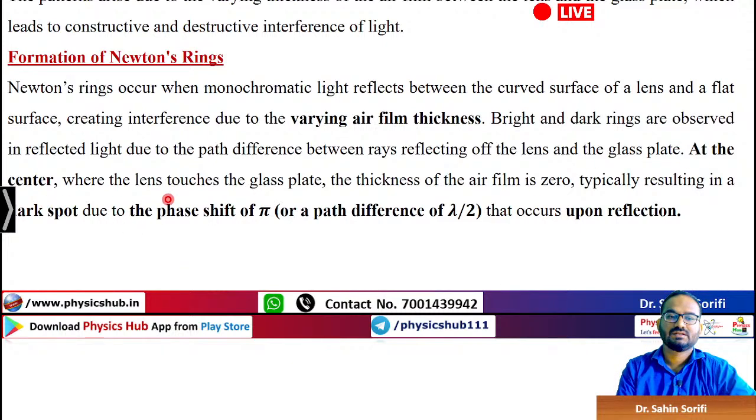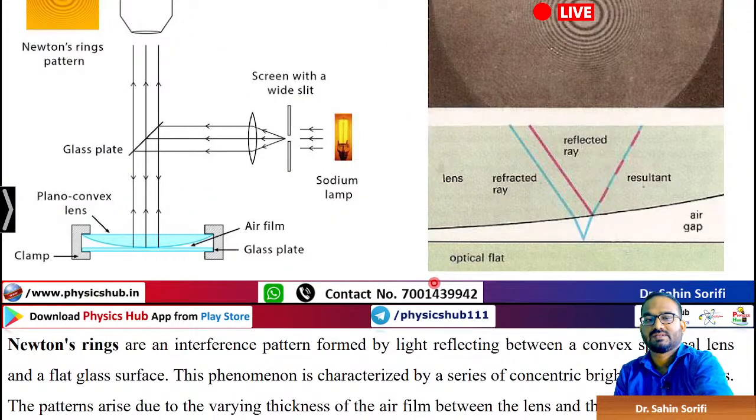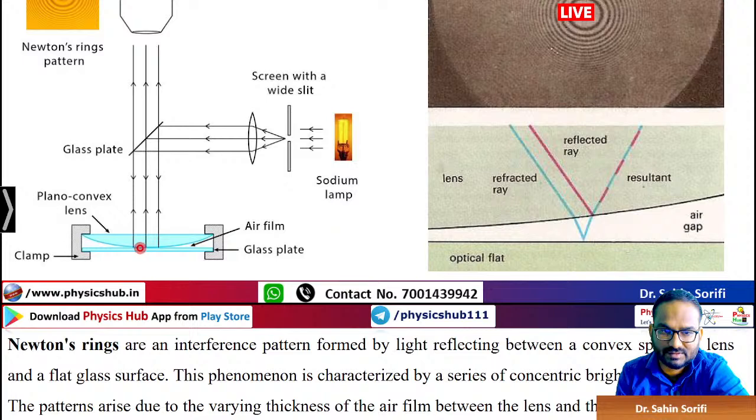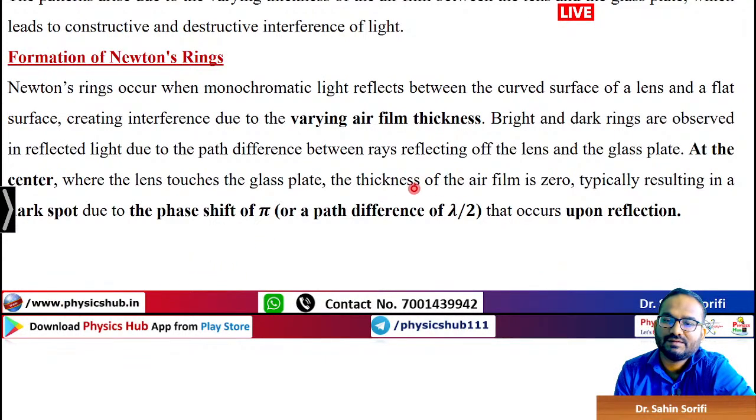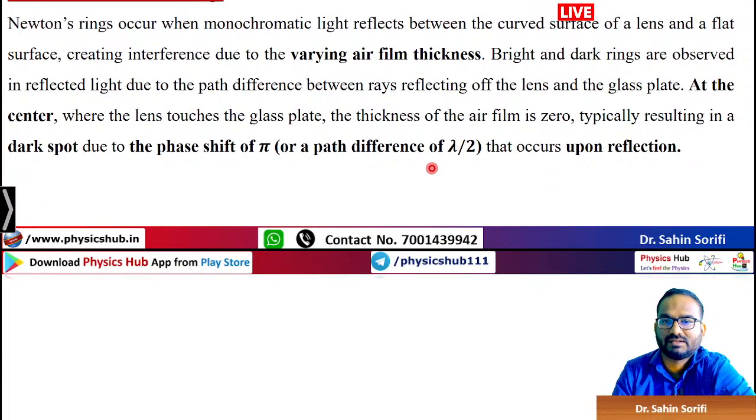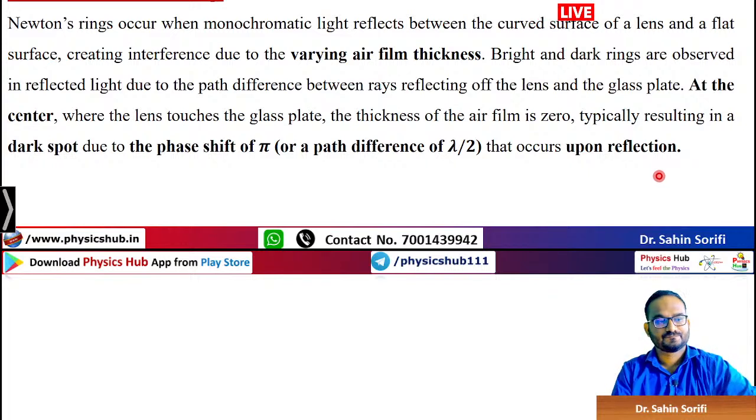At the center, meaning here at this point, you can see this lens is touching this glass surface. The thickness of the air film is 0, typically resulting in a dark spot due to the phase shift of pi, path difference lambda by 2, that occurs upon reflection.